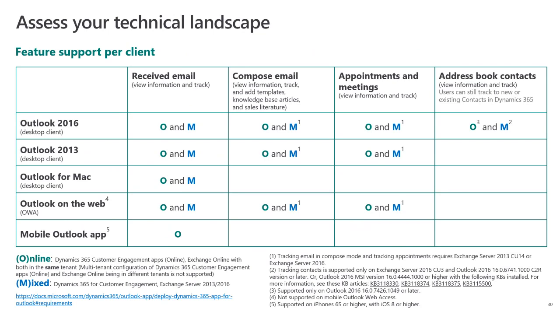In terms of tracking emails, this is supported on all configurations, but not for new emails, not for Mac, and not for the app on mobile, Outlook mobile. And the mobile Outlook app doesn't support tracking appointments. This is due to a limitation with the current version of the Outlook app that doesn't allow Office 365 add-ins for appointments. But it's a very frequent feature request that we receive.